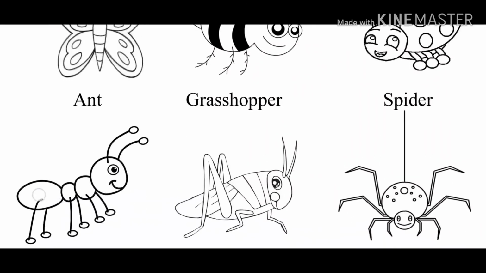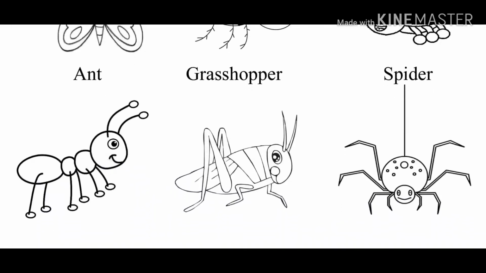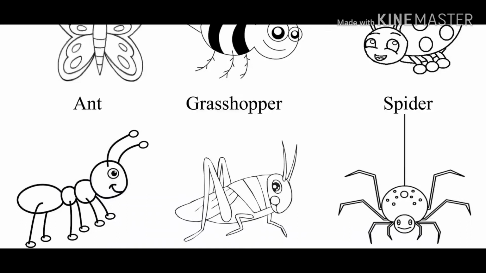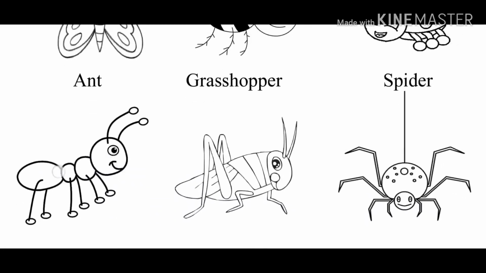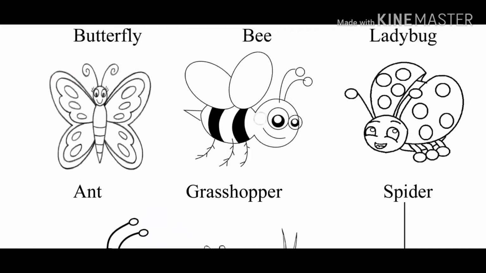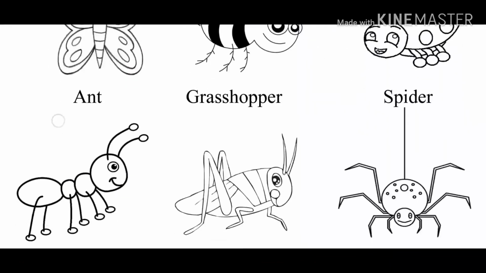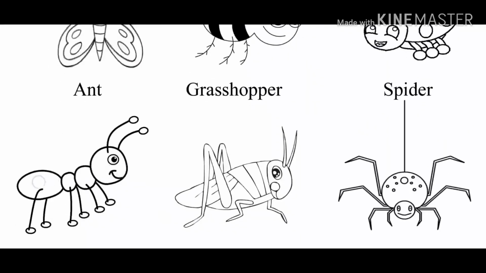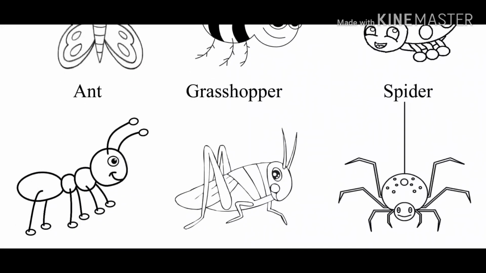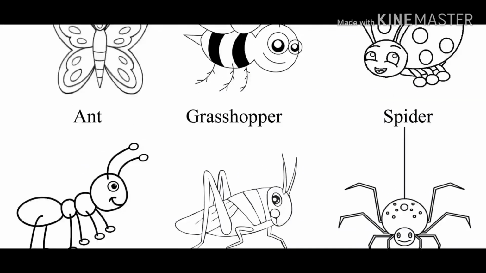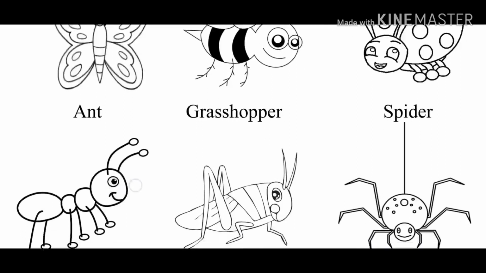This is what we call an ant. They like to work together. So they work in big groups, just like the bees actually. Okay? So this is what we call an ant.